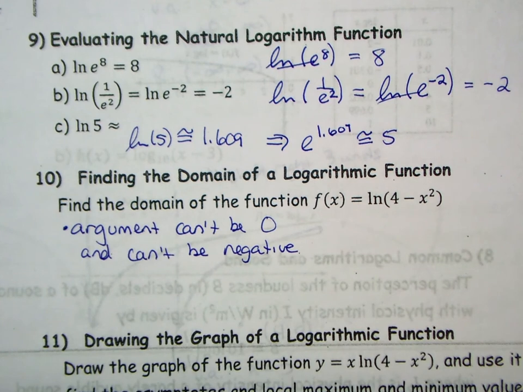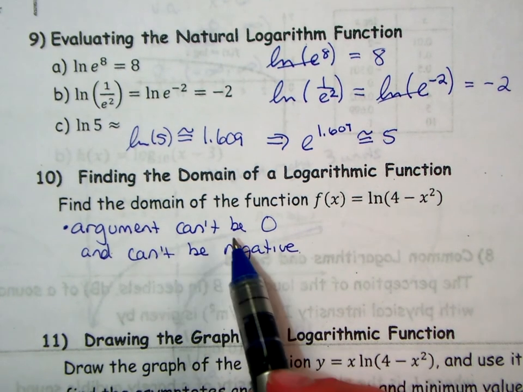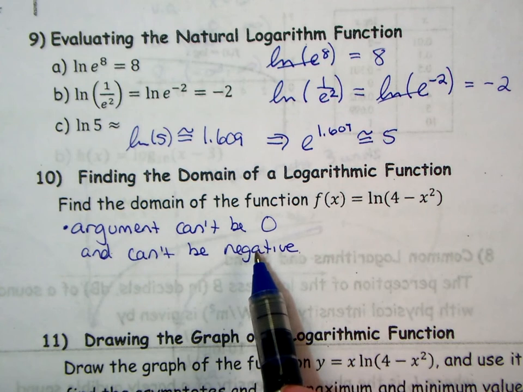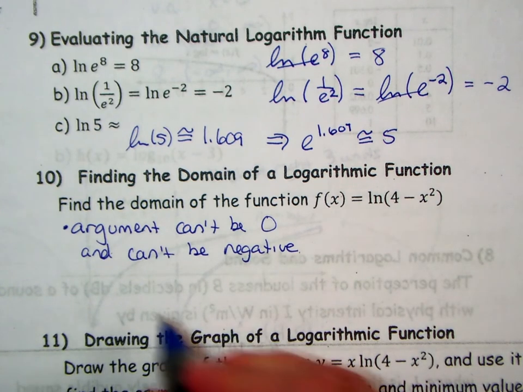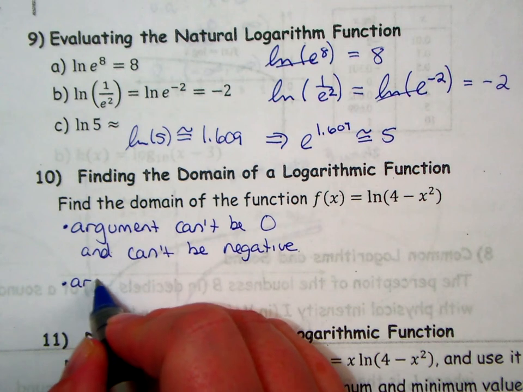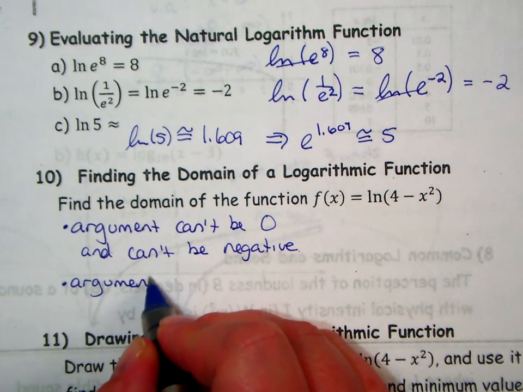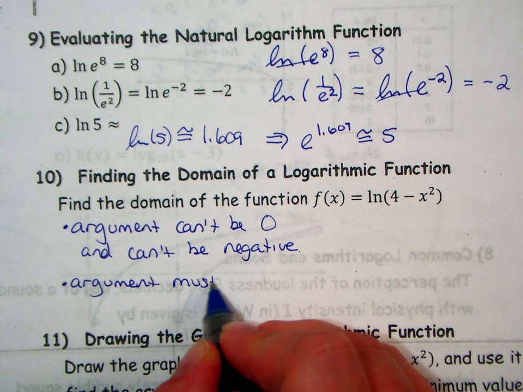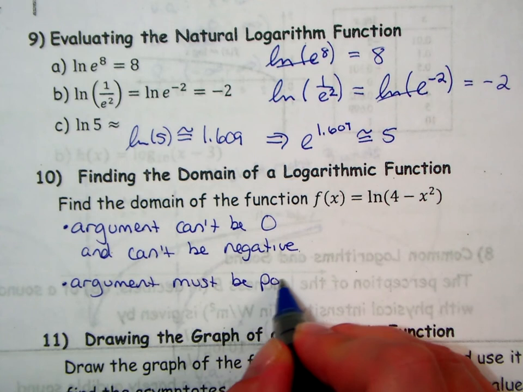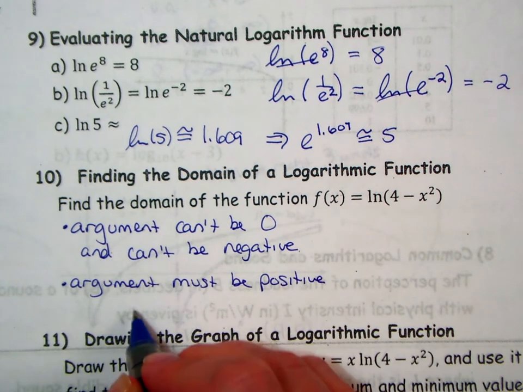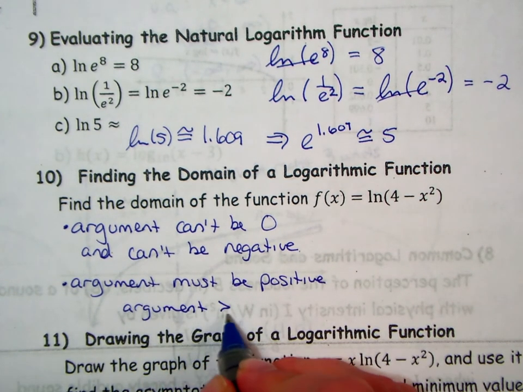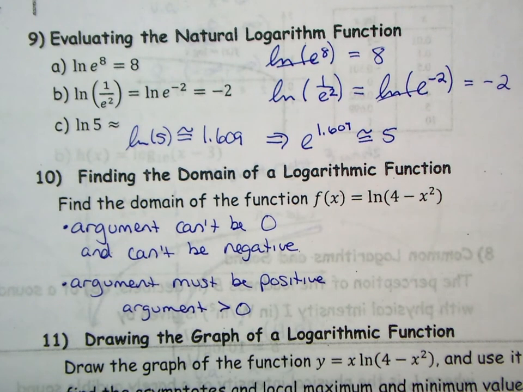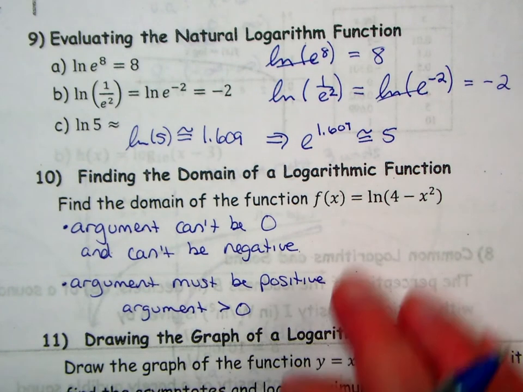And I can show you a little reason why in just a moment. But if the argument can't be 0 and can't be negative, that means the argument has to be positive. The argument must be positive, which means in order to solve this, it needs to be set greater than 0, not greater than or equal to, because it can't equal 0.